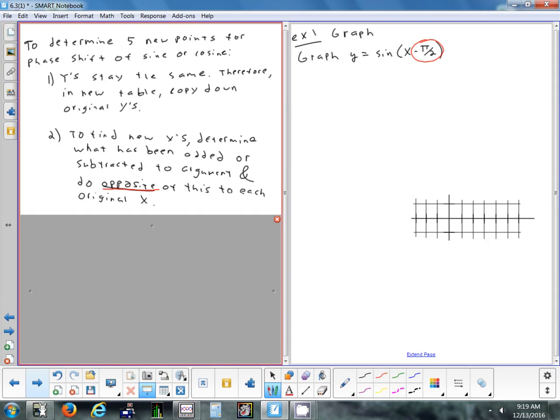You've got to remember when you do a phase shift, it's the opposite. So what are we going to do? We're going to take all the original x's in this problem, and we are going to add pi over 2. And that's going to shift all the original x values to the right, by adding pi over 2.